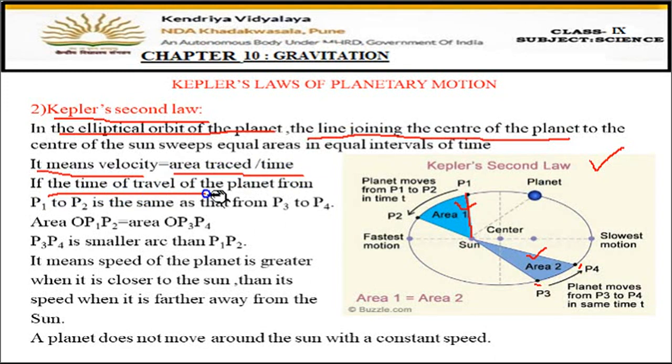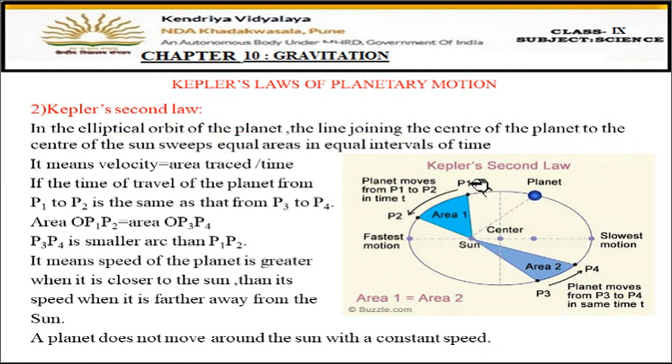Now, consider the time of travel of the planet from P1 to P2. Just trace out the points here. This is the P1 point and this is the P2 point, right? The time taken by the planet to move from P1 to P2 is the same as when it moves from P3 to P4.